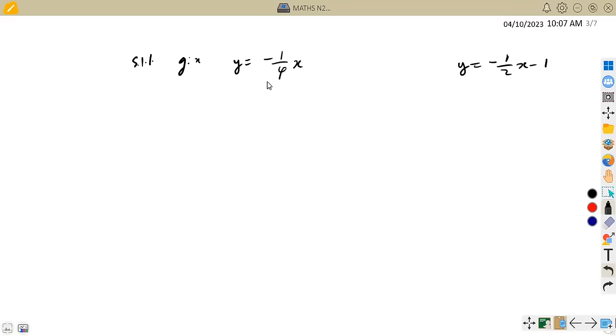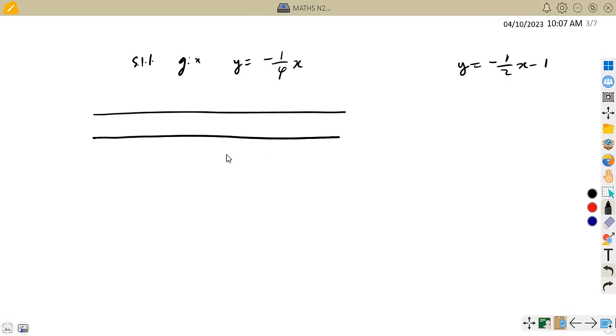These are straight lines. So for you to draw a straight line, you can just draw your table of values that you are going to use to determine the values of y. You've got the values of x that we use to determine the value of y. Just 3 values are enough in this case. So x, y here.